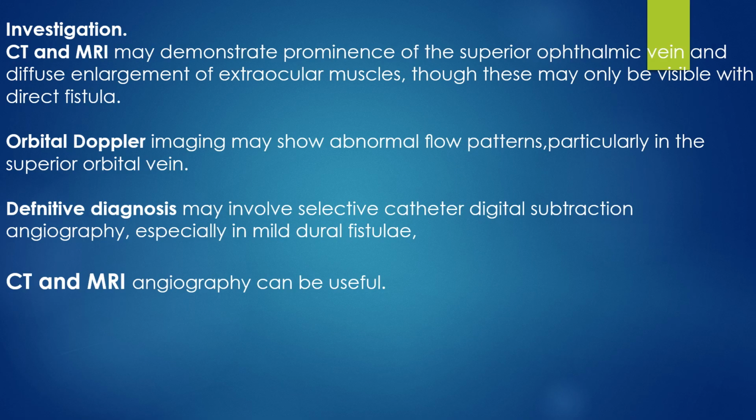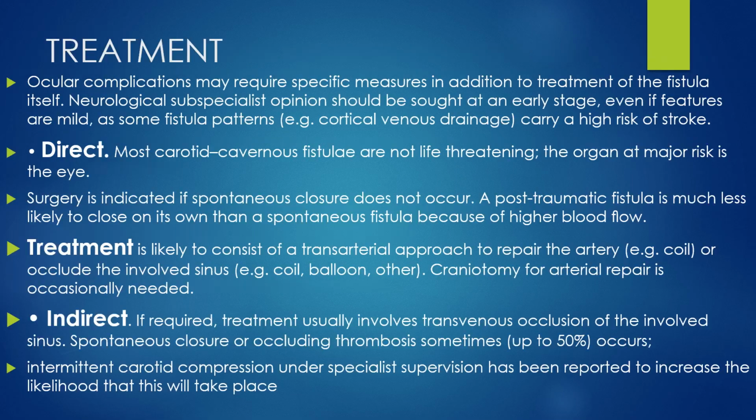Orbital Doppler imaging may show abnormal flow patterns, particularly in the superior orbital vein. Definitive diagnosis may involve selective catheter digital subtraction angiography, especially in mild dural fistulae. CT and MRI angiography can be useful.